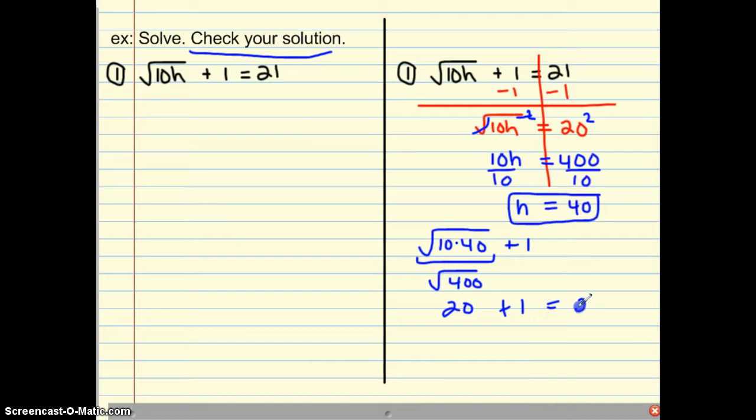That does come out to be 21. That checks out. So that checks out, so you're good to go. You can do that if you want to. We'll say it's optional. I just want you to know how to do it.